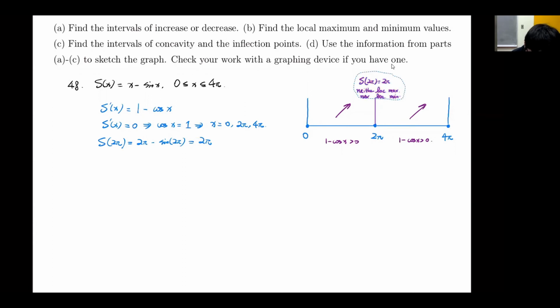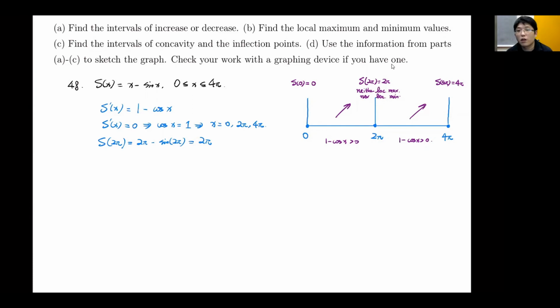And we should also take care of the endpoints as well. So we need the endpoint values to really draw the graph. So f of 0 is simply going to be 0. Then f of 4 pi is simply going to be 4 pi because sine of 4 pi is again 0. All right, so these are the special points I can obtain from the first derivative.